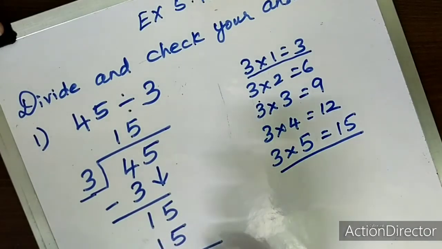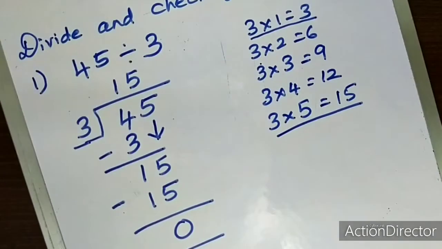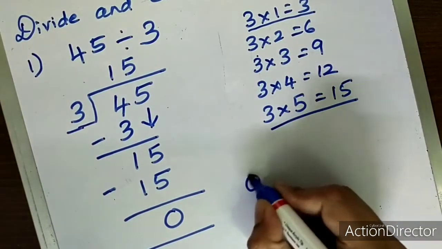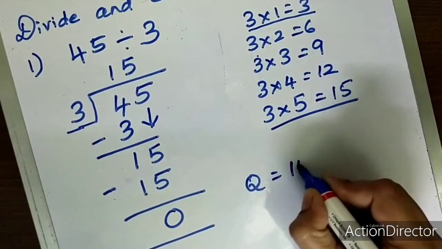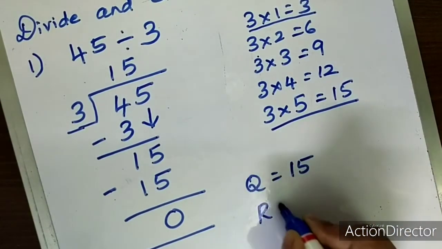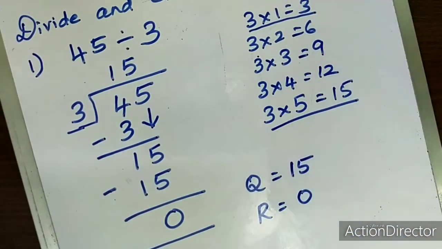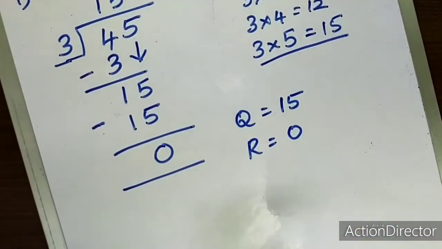If we subtract, we will get the remainder as 0. Now what is the quotient? 15. And the remainder is 0.